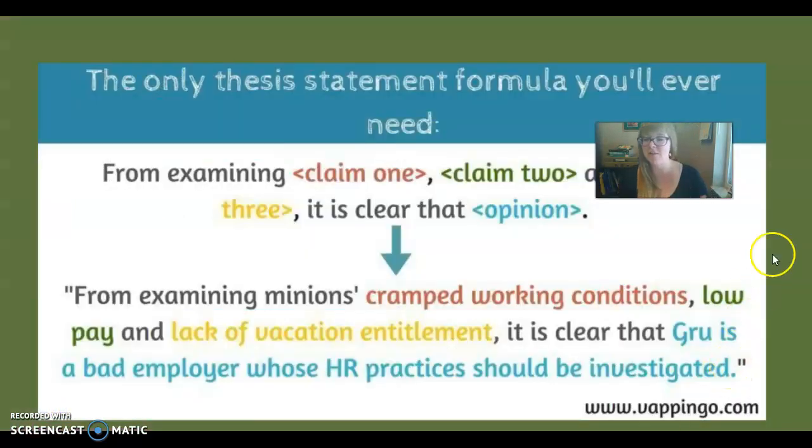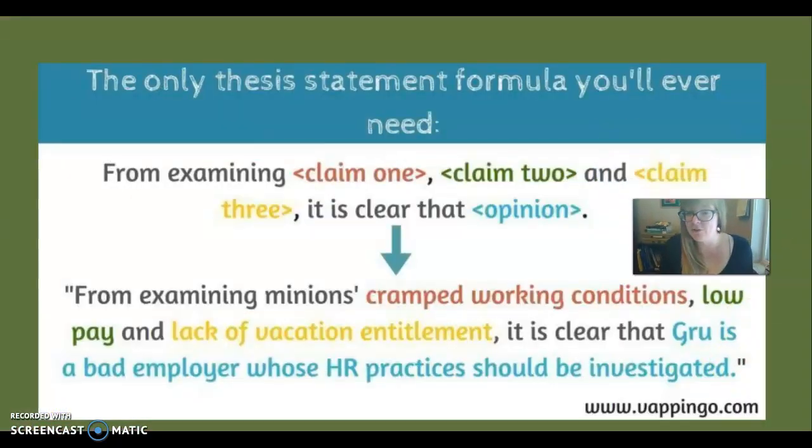If you're kind of confused as to how to word your thesis, this is a really great formula to use. So this example they give you here says, from examining claim 1, claim 2, and claim 3, it's clear that, opinion. So they have, from examining Minions' cramped working conditions, low pay, and lack of vacation entitlement, it's clear that Gru's a bad employer whose HR practices should be investigated.